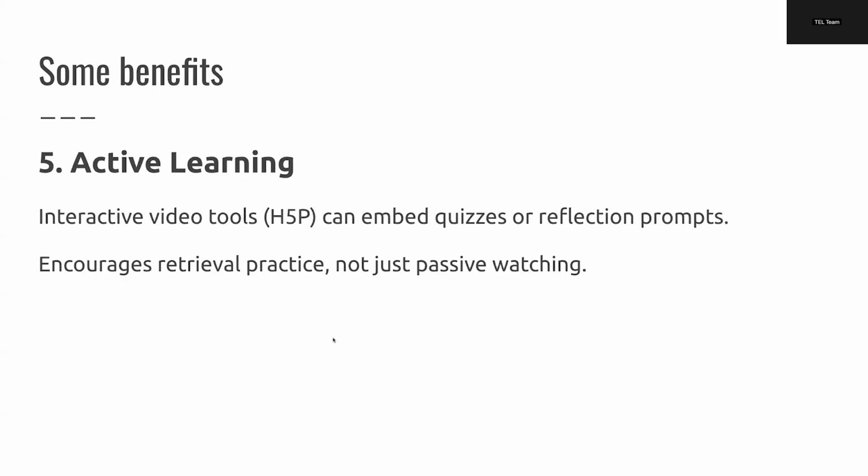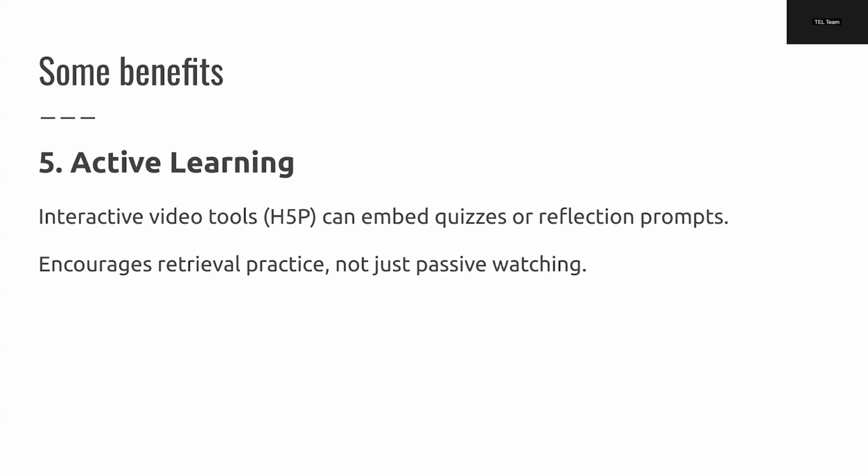Active learning, you've possibly all heard of this, and there are various ways that we can promote active learning in the classroom. Active learning in this context refers to how videos, whether you record a Zoom recording, a screencast, or a clip on your phone, can have a level of engagement added on top of the video.